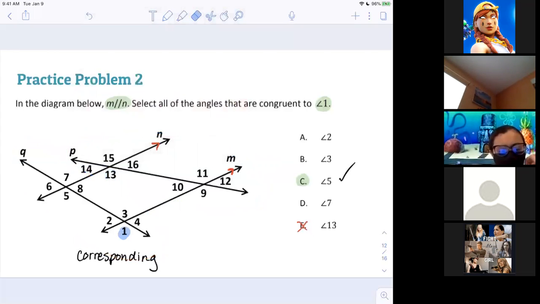So A was looking at angle 1 and angle 2. Are those going to be congruent? No. What are those instead? They're not congruent. They are vertical? They're not vertical. What are they? Alternate?